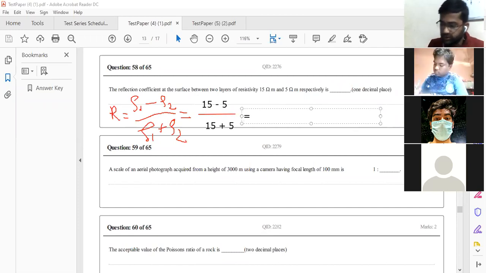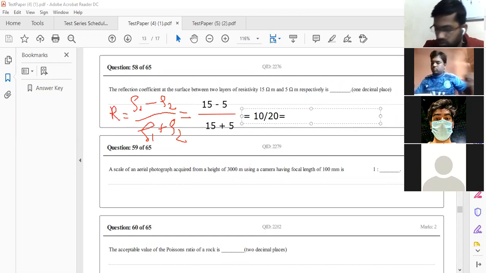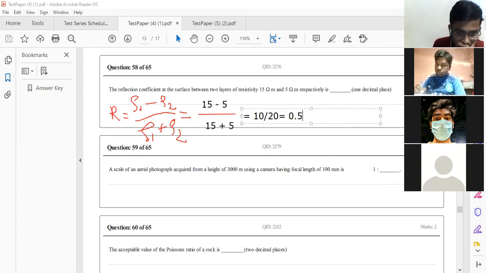Solve this, you will get 10 by 20 equal to 0.5. Clear?